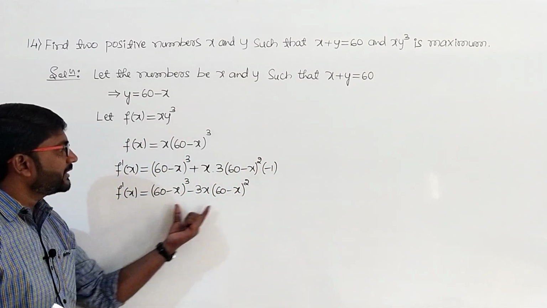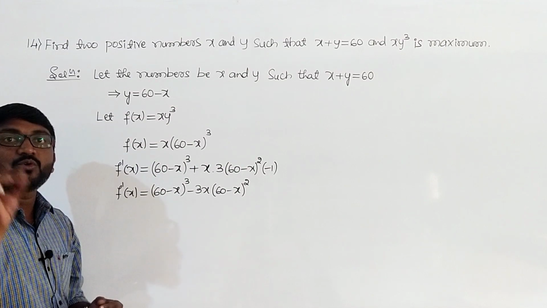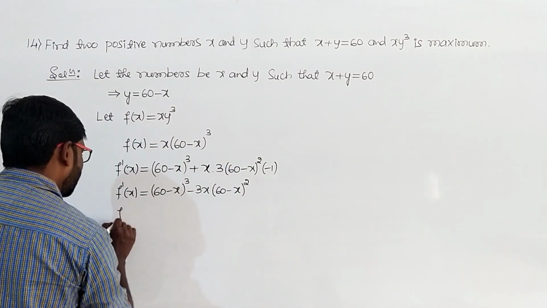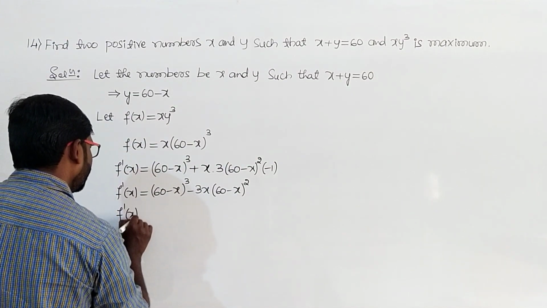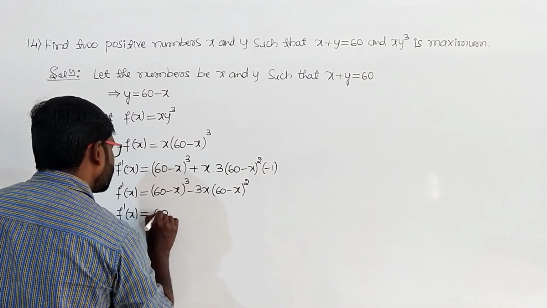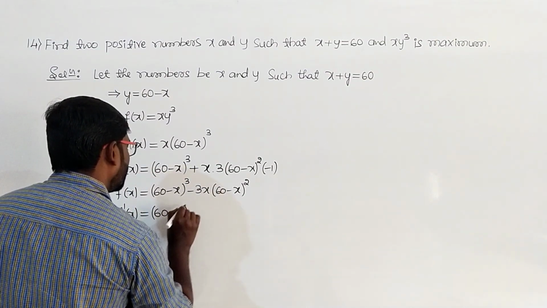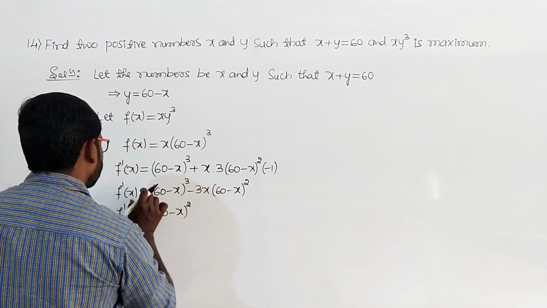Now in both the terms we can take 60 minus x the whole square common. So f dash of x is equal to, I will be taking 60 minus x the whole square as a common term.